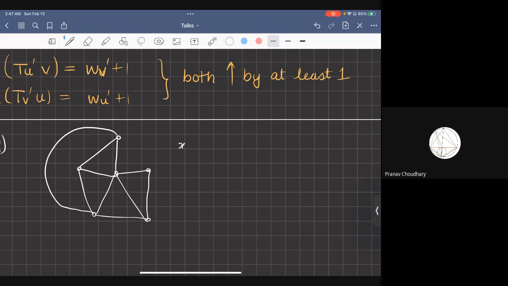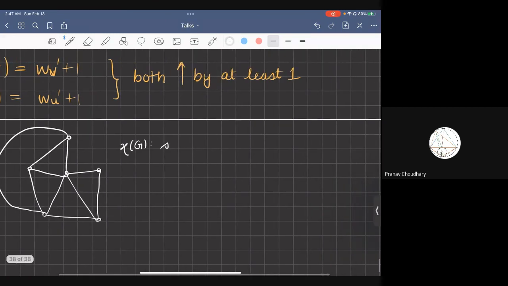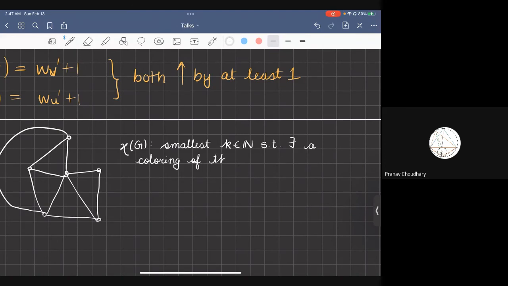So chi of G is the smallest natural number k such that there exists a coloring of the vertices of G using k colors.